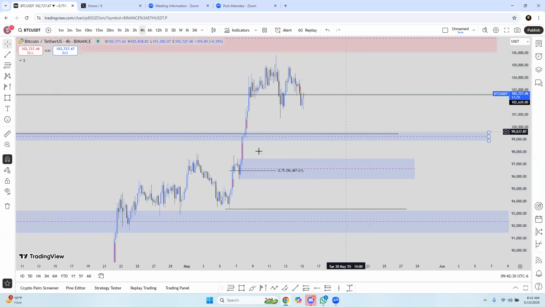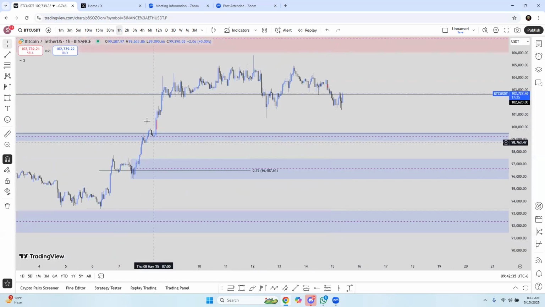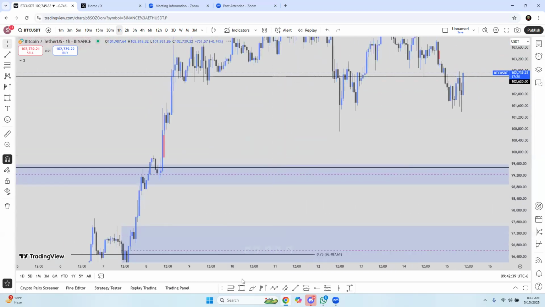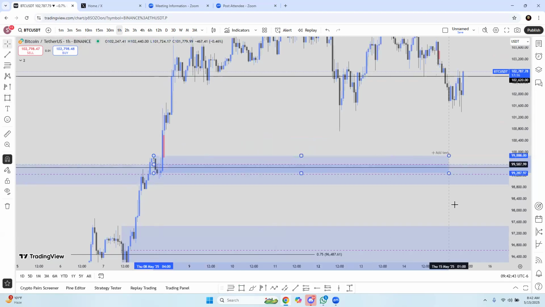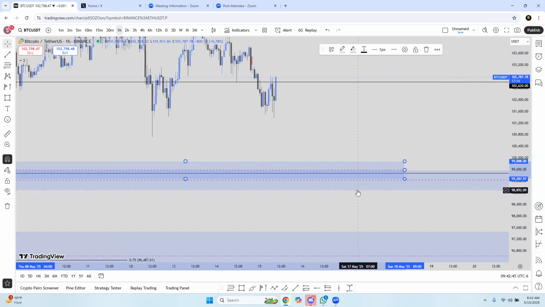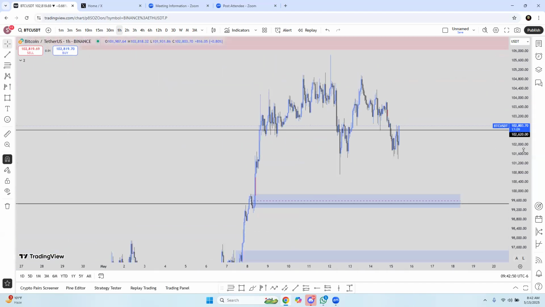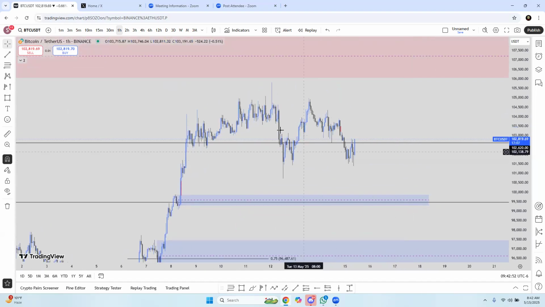Okay. So this is your one level on H1. Okay, we have some demands here as well. I will remove this SR level now because I found a demand here. One thing is done.